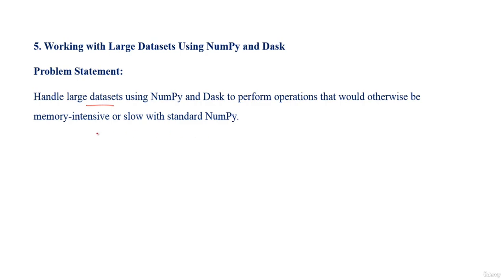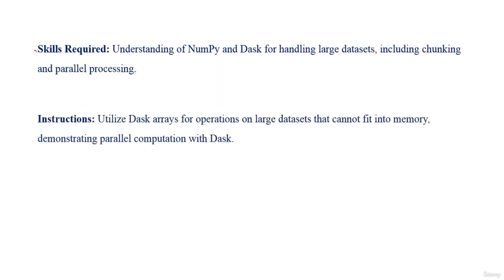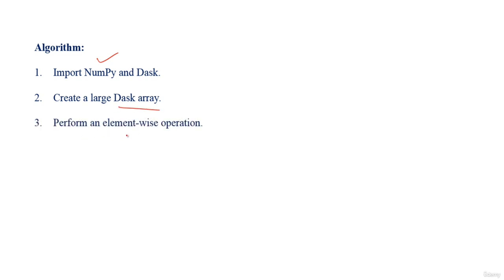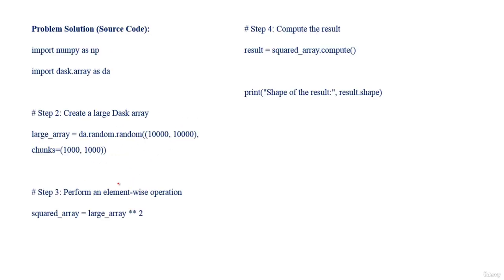Instructions and skills required you have to read. I will provide all these PPT slide notes to you, so you will be able to read every line of notes in the PPT slides carefully. Algorithm: first of all, import NumPy and Dask, create a large Dask array, perform an element-wise operation, compute the result. So this is the problem solution.